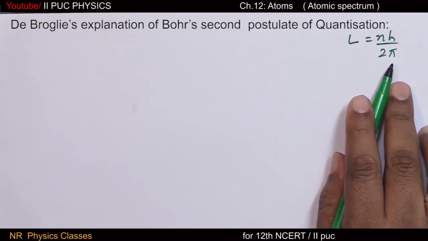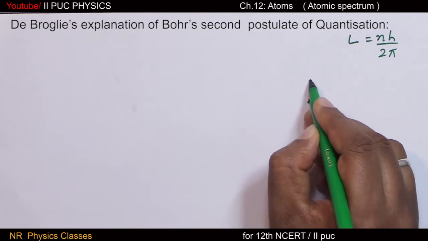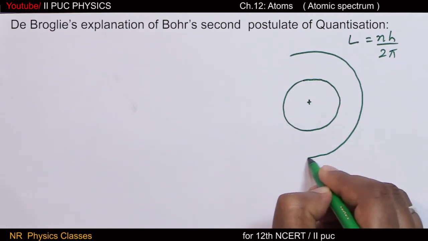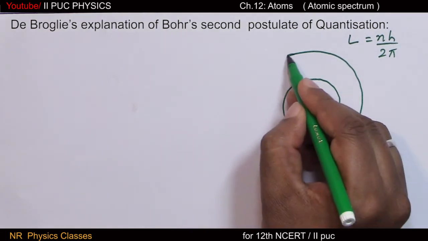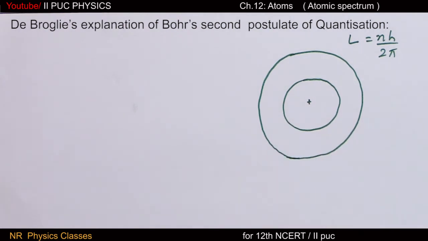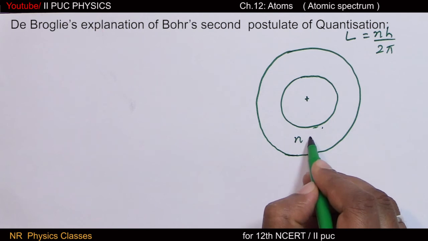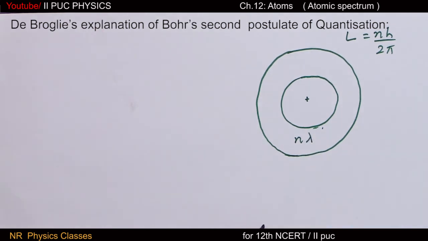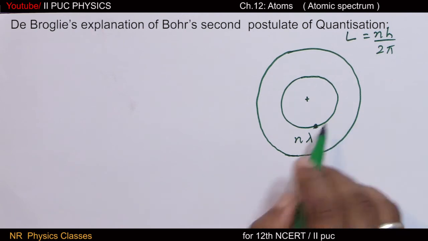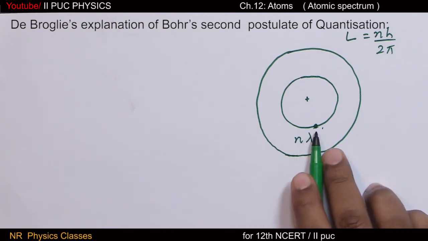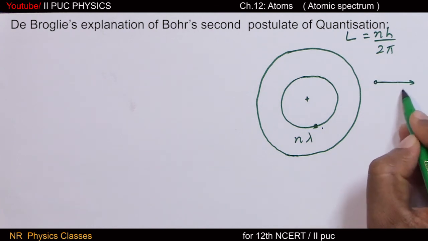According to de Broglie, if this is the nucleus, this is an orbit, this is another allowed orbit, then the length of the orbit should be an integral multiple of wavelength. Because if the electron is revolving, it exhibits wave nature, that you have studied in dual nature of radiation and matter. So an electron in motion also possesses wave nature.